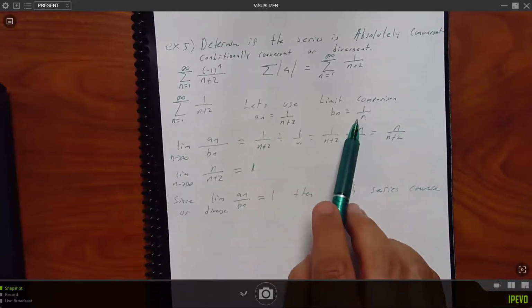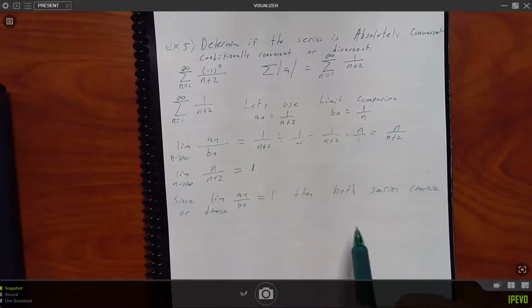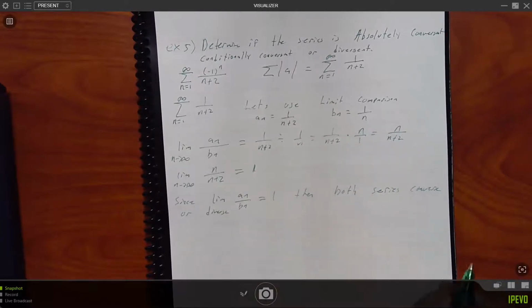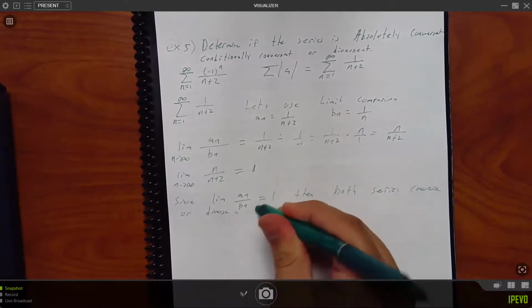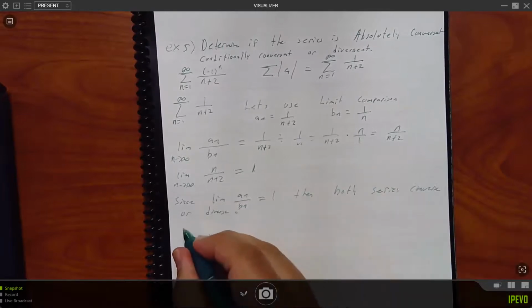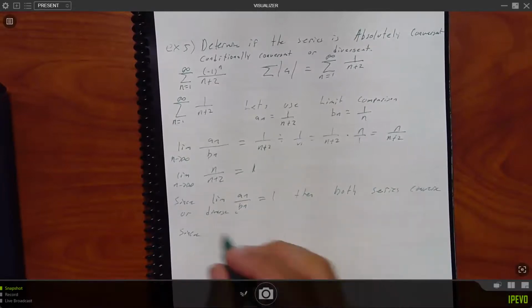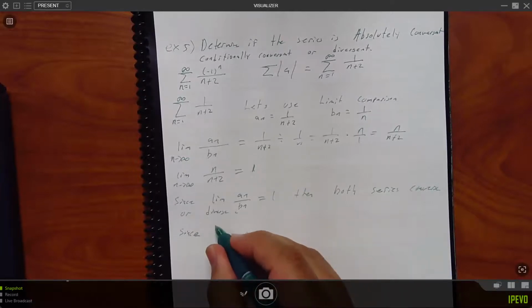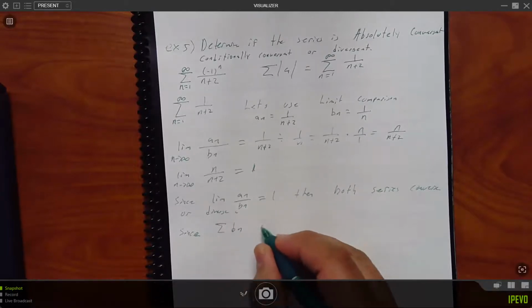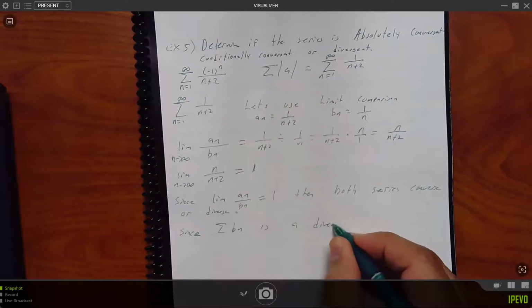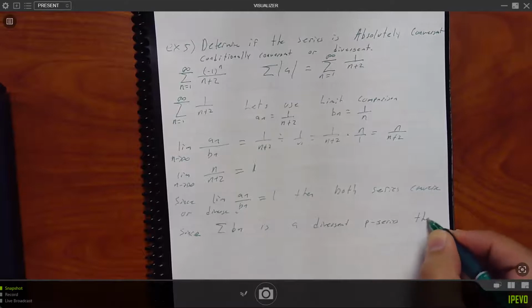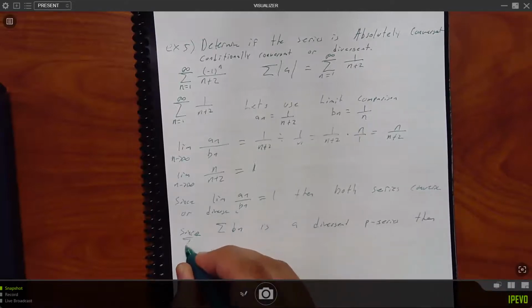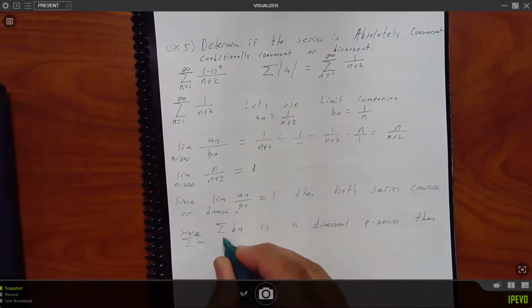So we know this is a divergent P series. Then, since the b sub n is a divergent P series, then the series of the absolute value of a sub n diverges.